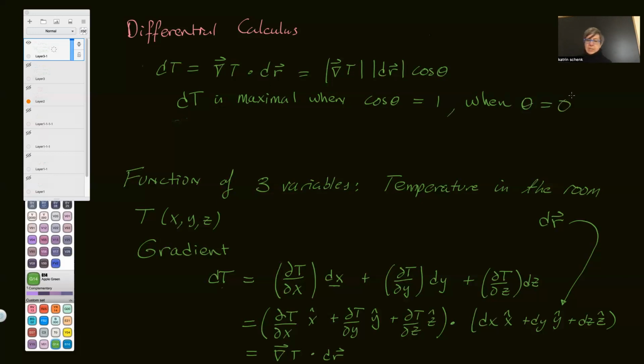So the gradient points in the direction of the maximum dt, the maximum change. Does that make sense? Cool. And the magnitude of the gradient gives us the rate of change along that maximal direction.